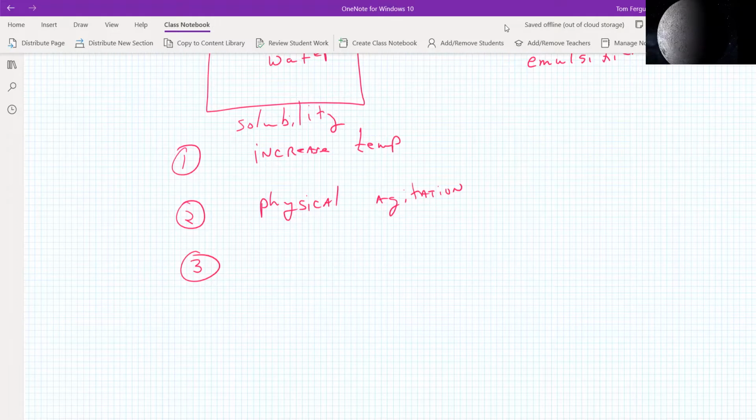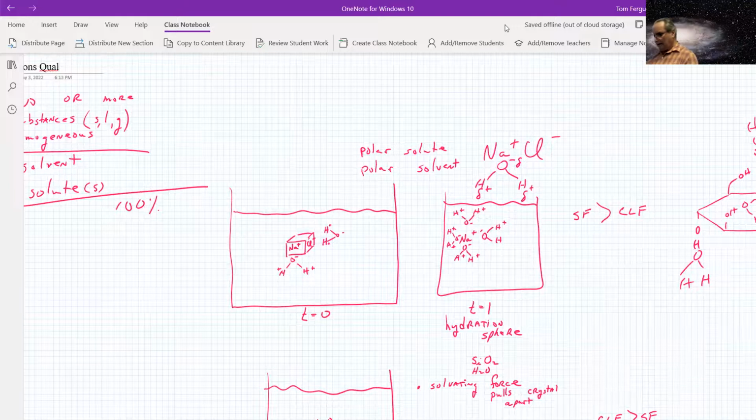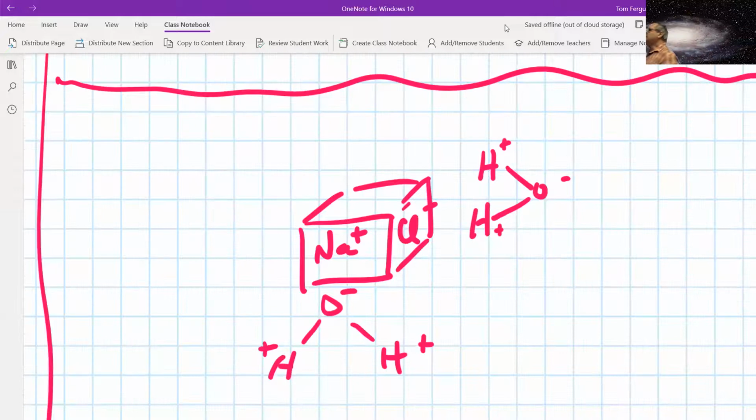Remember, this is a surface phenomenon. It only acts at the surface. If we increase the surface area by having smaller particles, we increase the chances of colliding. Does that make sense?